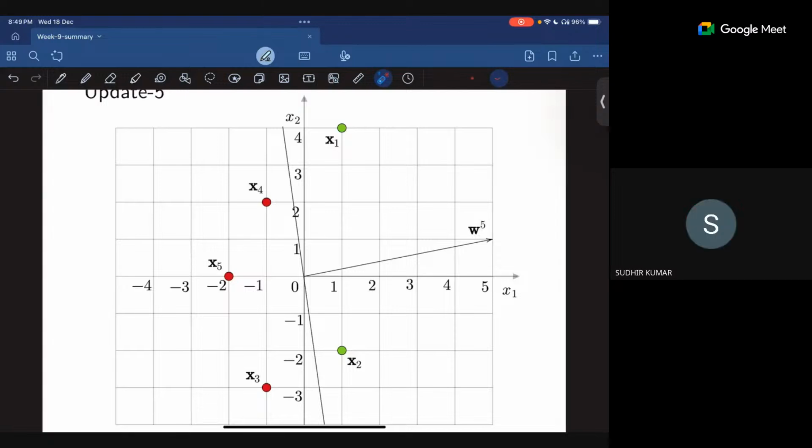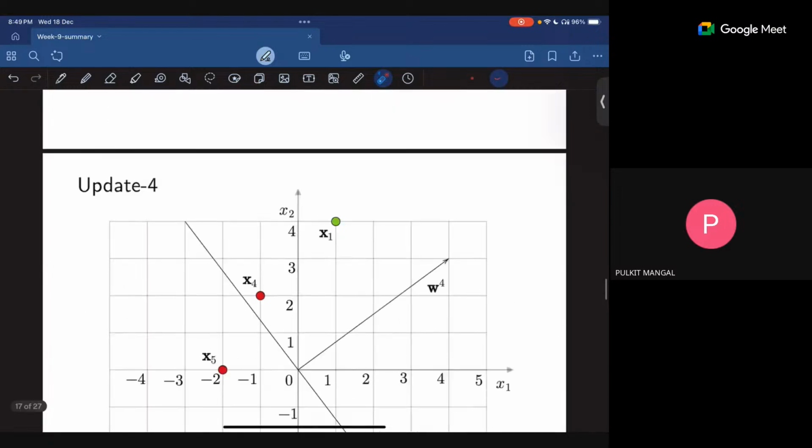Sir, what was the second point? The second point was: if for any data point xi yi there is a mistake with the current weight vector, and you update the weight vector, then it is not necessary that the updated weight vector would correctly classify the data point for which it was previously making the mistake.